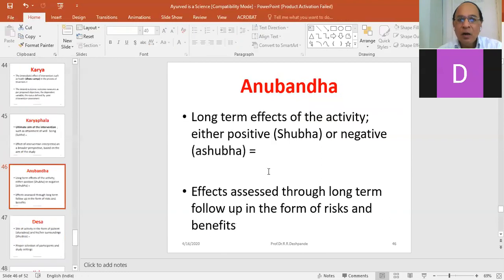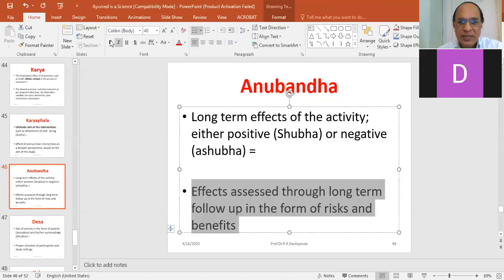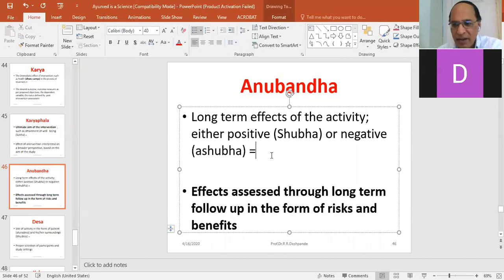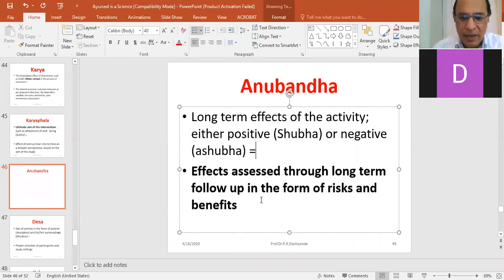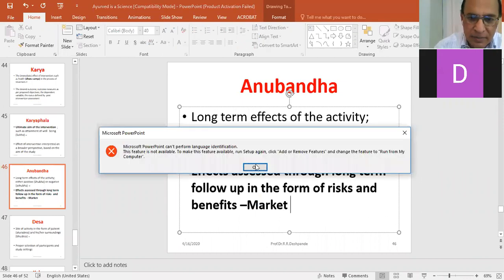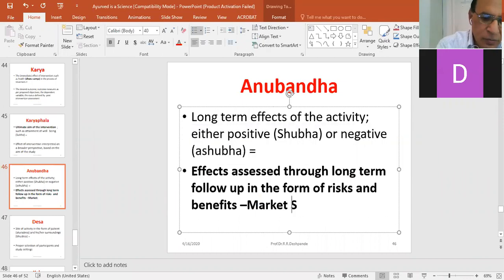Okay. Anubandha, long-term effects of the activity. So for example, effects assessed through long-term follow-up in the form of risks and benefits. Here I can make another addition: this is a market survey.